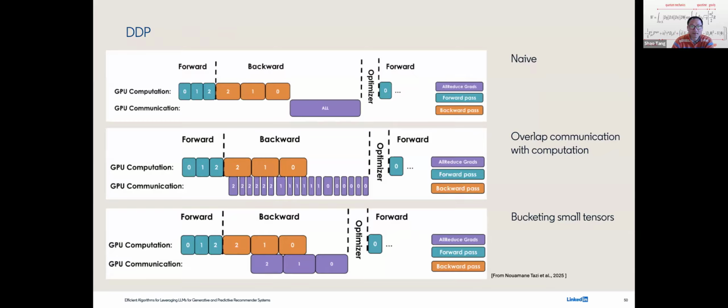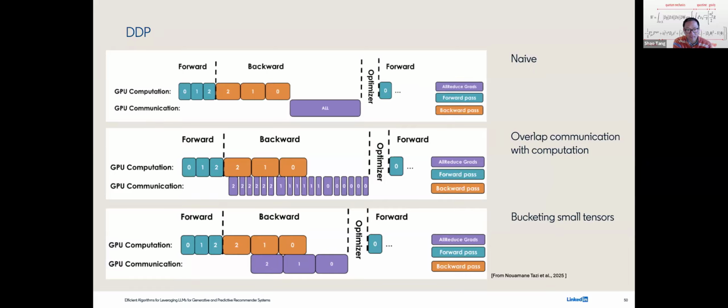This actually slows down the training quite a bit because you have a communication time where no computation is happening. So one improvement is we can try to make the communication overlap with the computation by chunking the all-reduce into small chunks.